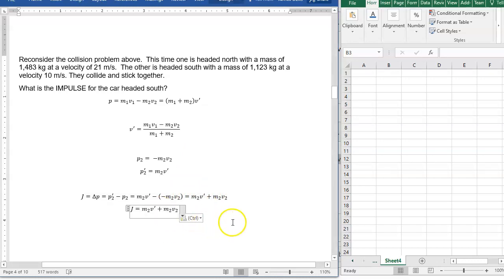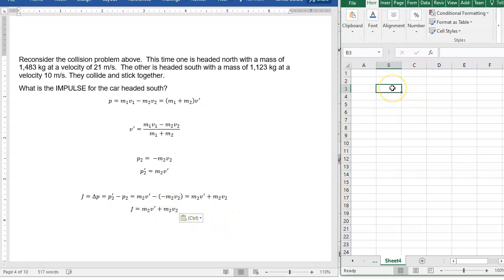I'm just going to get lazy and do a copy and paste. So let's do some calculations. M1, V1, M2, V2, V prime. That's our first step. So 1483, 21 meters per second, 1123 kilos for M2, 10 meters per second.